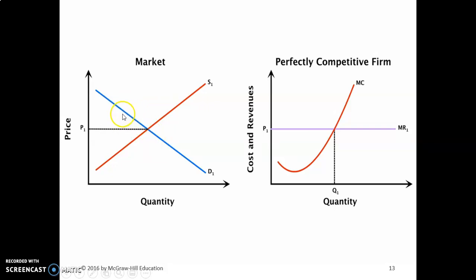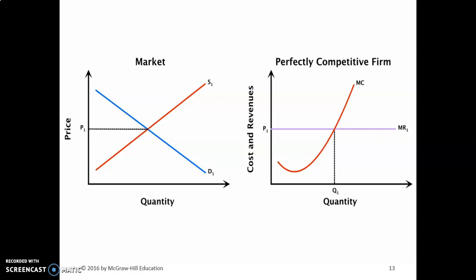Meanwhile, people up here are willing to pay higher prices, and on the supply side people are willing to sell at higher prices, but they still want to get a sale that's going to be beneficial for them as well, even if they have to drop the price. Those dynamics, which we've gone over at the beginning of the semester, give us an equilibrium right here where the quantity supplied and the quantity demanded at this price are equal. All output is sold, and we have a market price that emerges from this.